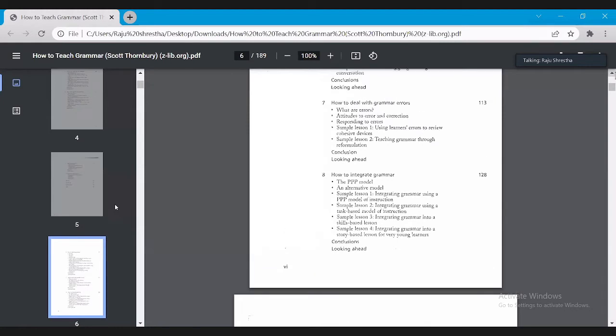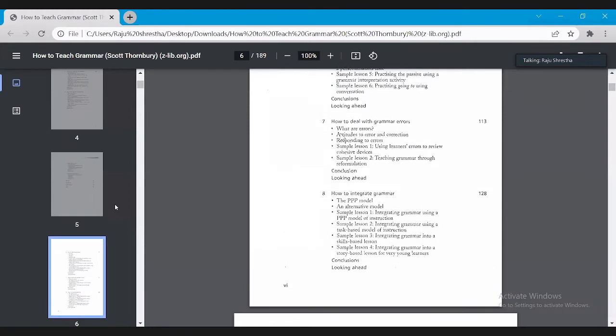Here it is about how to integrate grammar, and here it is how to deal with grammar errors. There is attitude towards error and error correction, responding to errors.